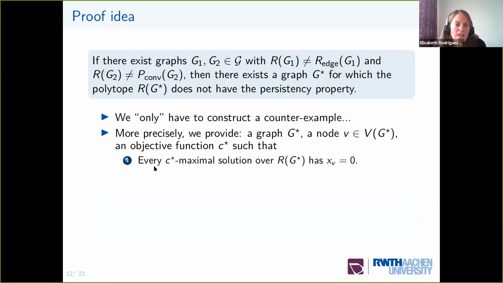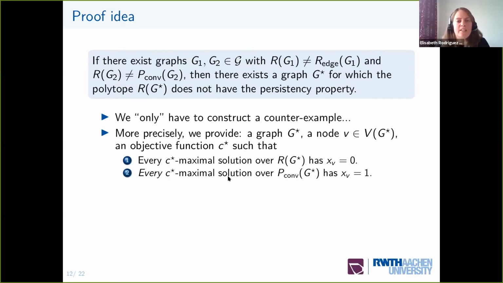We will show that for this function, every C star maximal solution over R of G star gives the value 0 to this particular node, and that every C star maximal solution over the stable set polytope for G star gives value 1 to this particular node. In the version of the persistency property that we stated, we don't even have to prove this for every C star maximal solution, but only that there exists one. But we prove this; it gives a stronger property, which is sometimes called strong persistency.